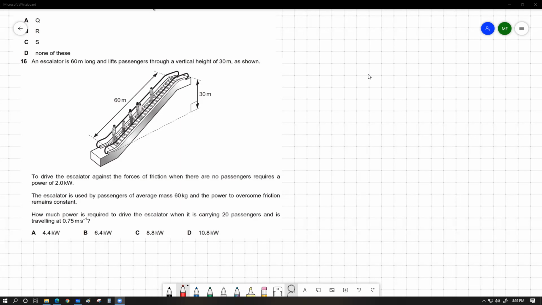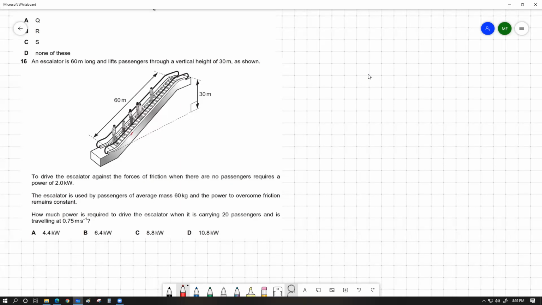So the escalator is traveling at 0.75 meter per second. The direction of the escalator to move is this way. If the escalator is moving at 0.75 meter per second, what is the rate of vertical height? I'm going to do all of these maths for 1 second, so that the problem solving becomes easier. Have a look.